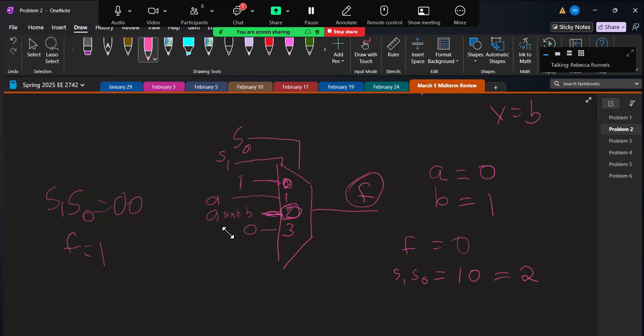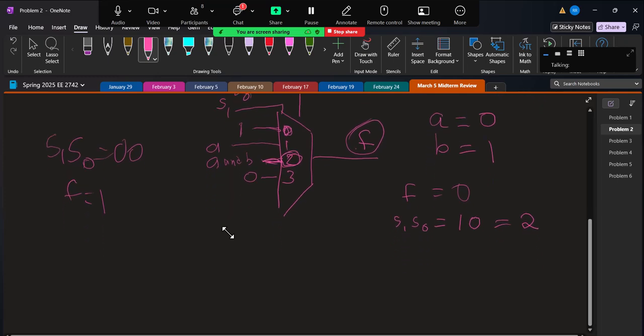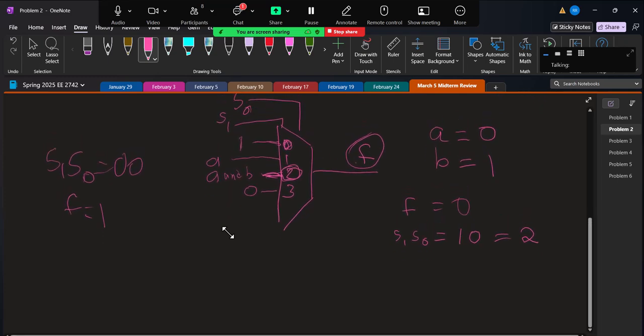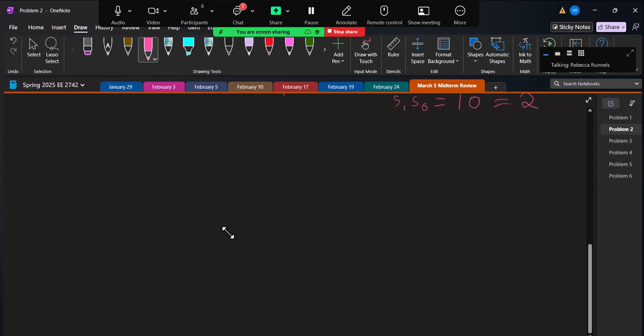Can you run it down one more time? Why, if S1 and S0 equals 1, 0, is F equals 0? Well, if I have S1, S0, there are 4 possibilities: 0, 0, 0, 1, 1, 0, and 1, 1.